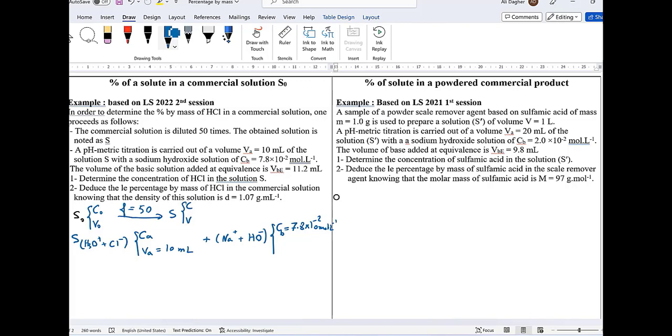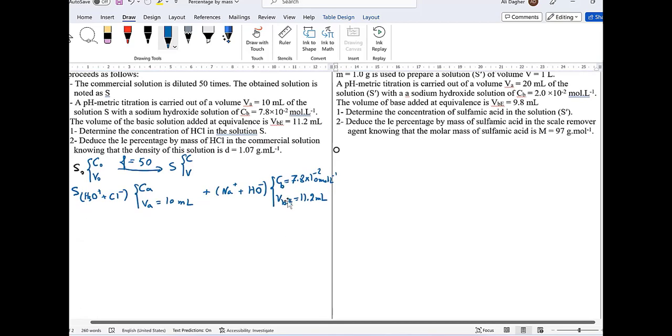The volume of base added at equivalence equal 11.2 milliliter. 1. Determine the concentration of HCl in the solution S. First, we should write the equation of titration reaction: H3O plus HO minus give 2H2O.